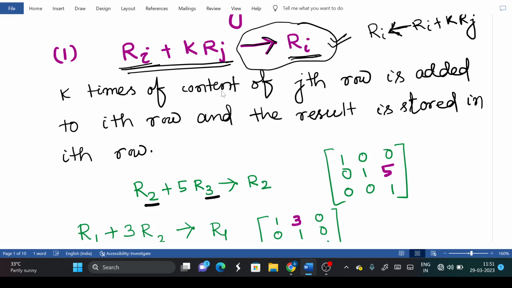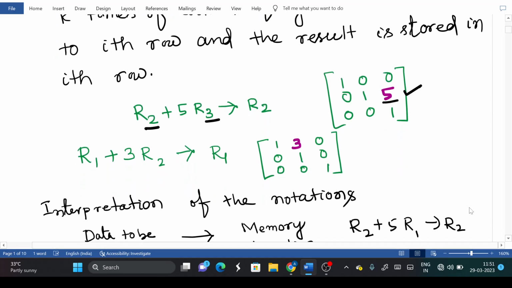So I got this matrix. Similarly, corresponding to this, the 1 2 position element, which is a 0, is replaced by 3. Observe, we got this. So corresponding to every elementary row operation, this is how to get the elementary matrix.